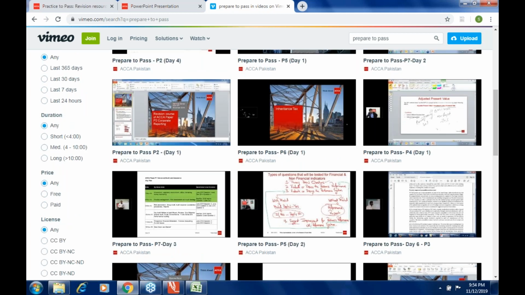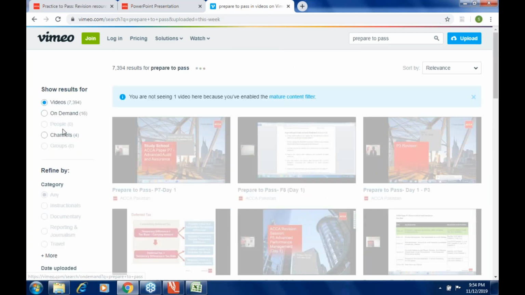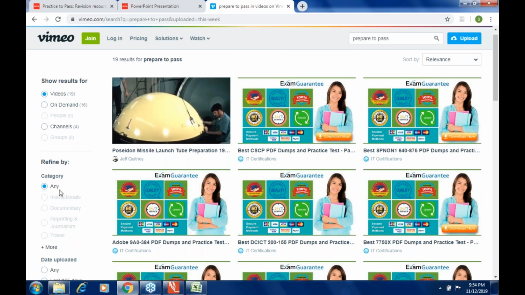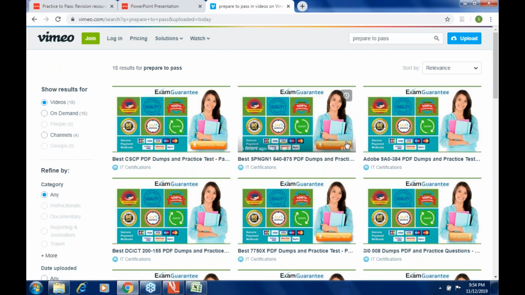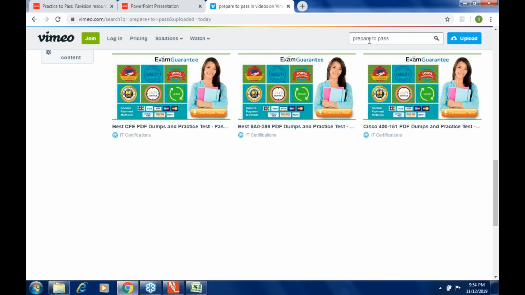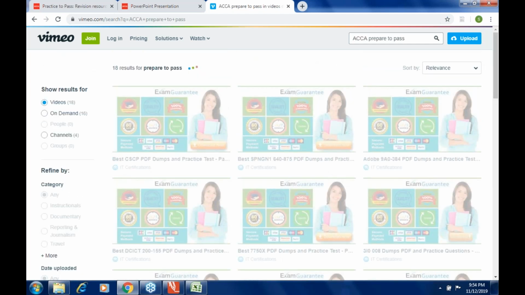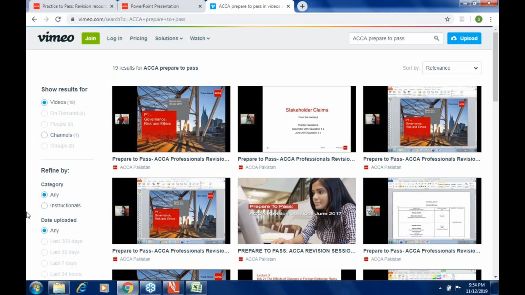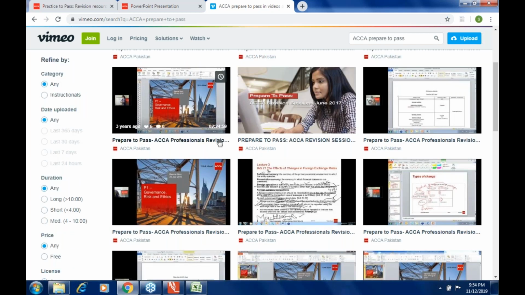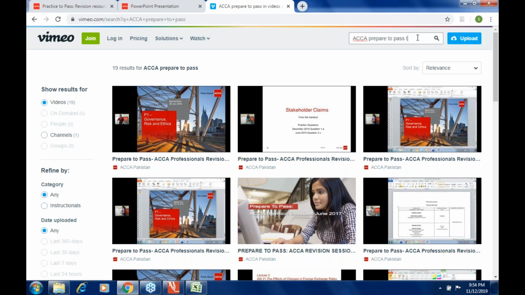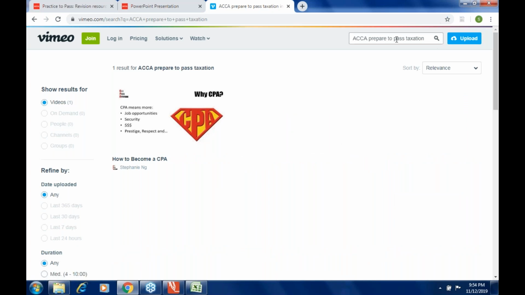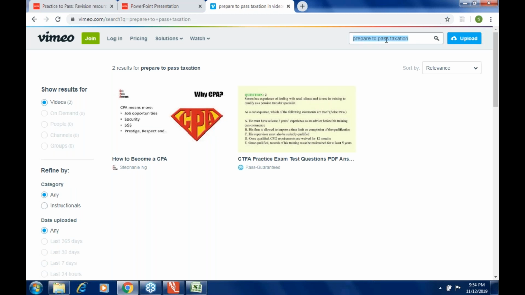Sort by duration. I'll just mention here ACCA prepare to pass. Well, in fact, you would probably get it through the email, but let me continue.